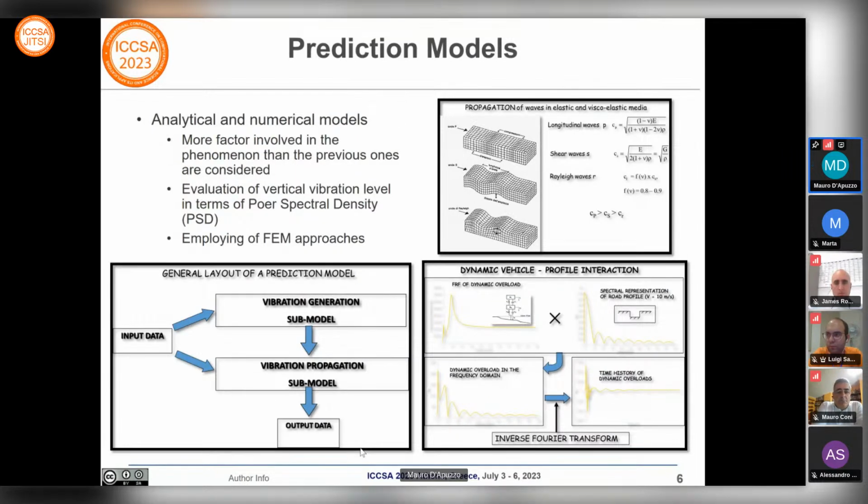But obviously, we went on with this subject, and we tried to develop a more comprehensive numerical model that we may call some sort of hybrid model, because it combined an analytical model that was developed in order to evaluate dynamic interaction between vehicle and road roughness with a propagation submodel that was mainly a finite element method model.